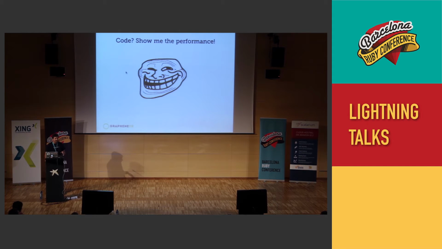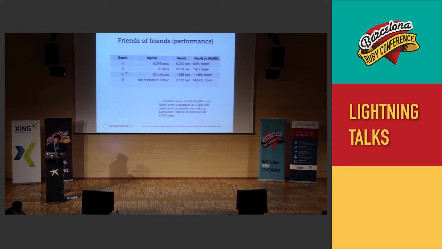But there might be people out there that say, okay, I don't really care about the code, how about the performance? If I can get good performance on my SQL, then I might buy that ugly code. So this is an example of retrieving the friends of your friends.